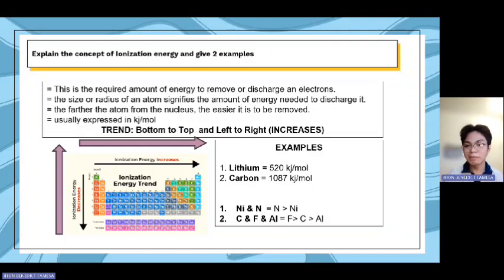So that means nitrogen has a higher ionization energy than nickel. Then here we have carbon, fluorine, and aluminum. As you can see in our periodic table, the trend signifies that fluorine is higher. Fluorine is greater than carbon and carbon is greater than aluminum.